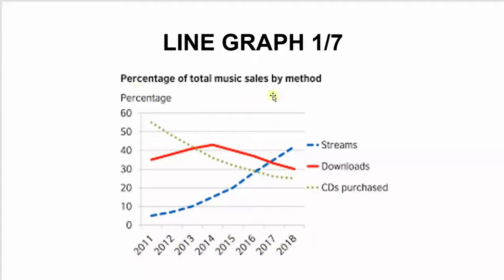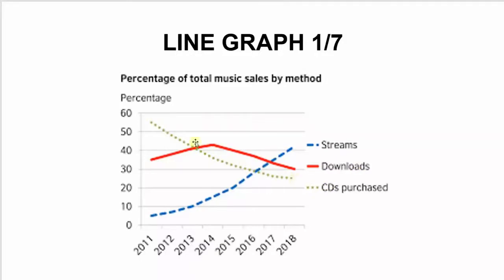In this case, it is percentages of total music sales by method. You can see 3 colors over here, which is the legend.